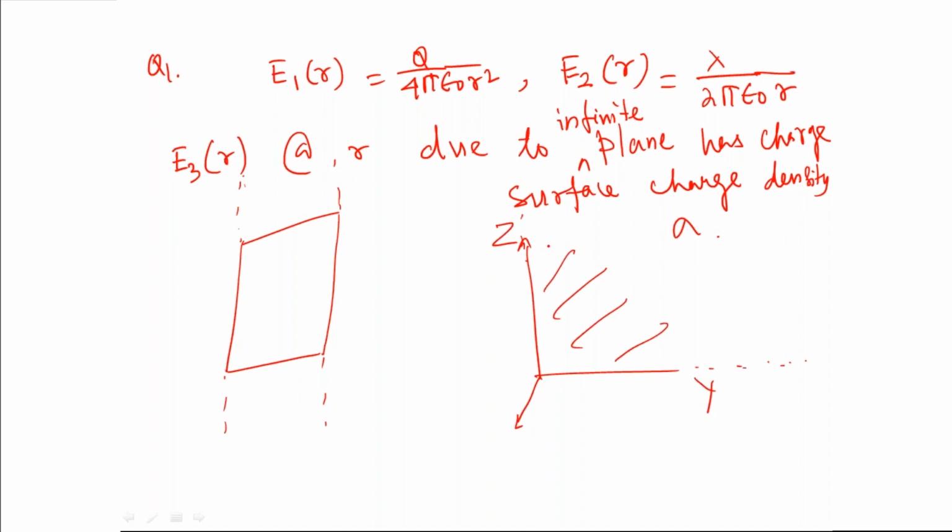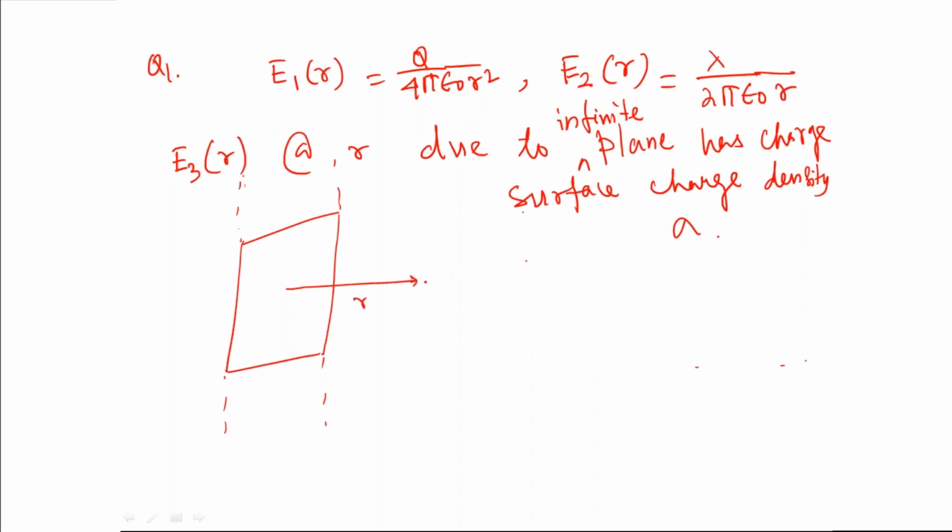Due to an infinite plane which has charge density sigma, what will be the electric field at any distance, suppose r distance? It does not depend on the distance, it depends only on this. This is the expression for the electric field due to an infinite charged plane.